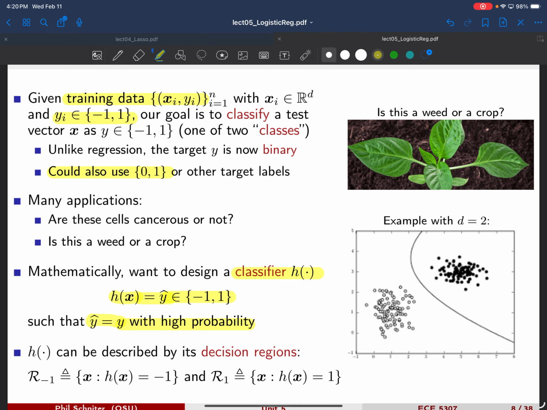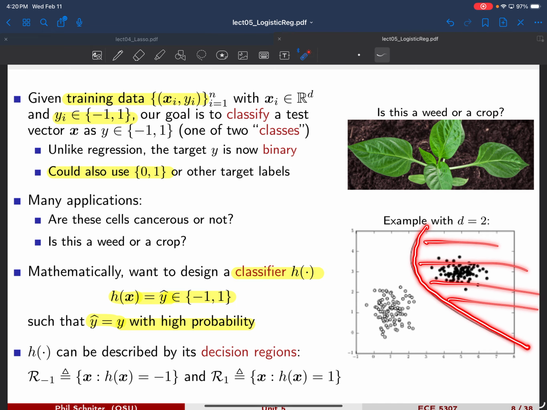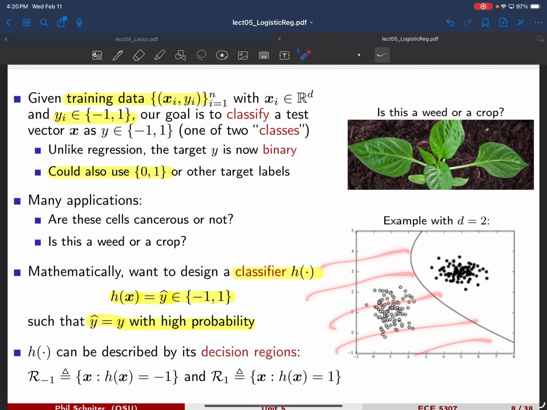And as we just described, we can think of this binary classifier as two decision regions. It's another way to think about it. In the picture on the right, I'm showing a scatter plot where we have a bunch of training samples from one class here and a bunch of training samples from the other class here. Now I might design a classifier that I can associate with this decision boundary, where everything on this side of the boundary is going to be treated as that black class and everything over here as that white class.